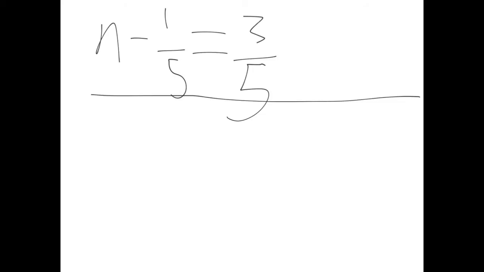So n minus 7/5 equals 3/5. So you're gonna rewrite it.